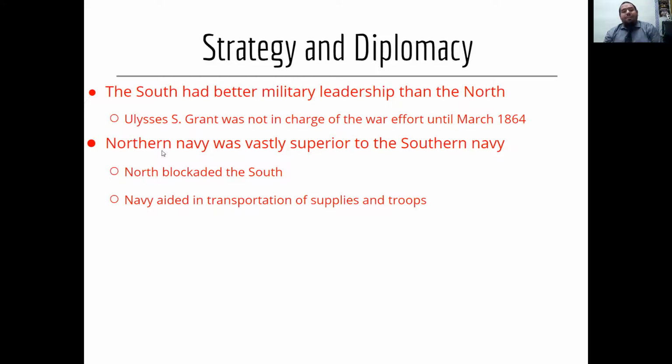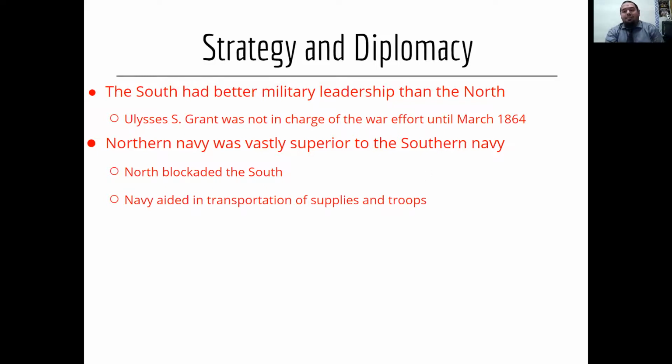However, the Northern Navy was vastly superior to the Southern Navy. The North blockaded the South in what's called the Anaconda Plan. And the Navy will aid in transportation supplies of troops all across the South.